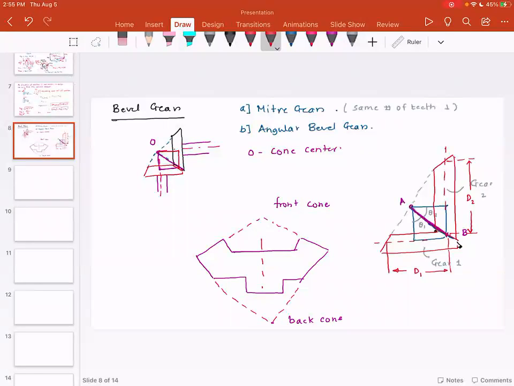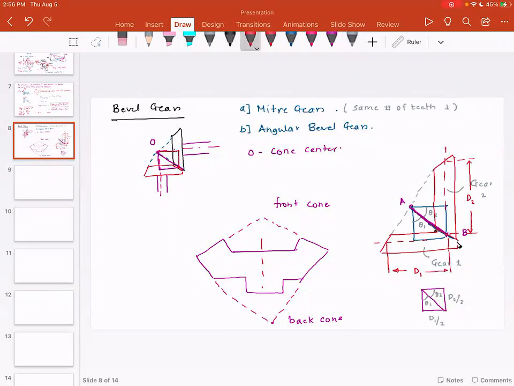So I want you to look at the triangle that I have drawn. This triangle is something like this. This is D1 by 2. This is D2 by 2. This angle is theta 1. This angle is theta 2.